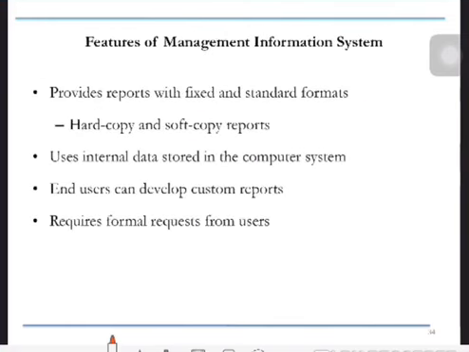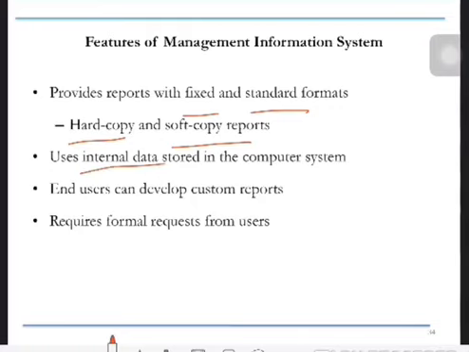Then features of MIS, the basic features. The first basic feature is that all management information systems provide reports in fixed and standard form, that means hard copy and soft copy reports. All MIS are expected to prepare either hard copy or soft copy reports. They use internal data stored in the computer system.